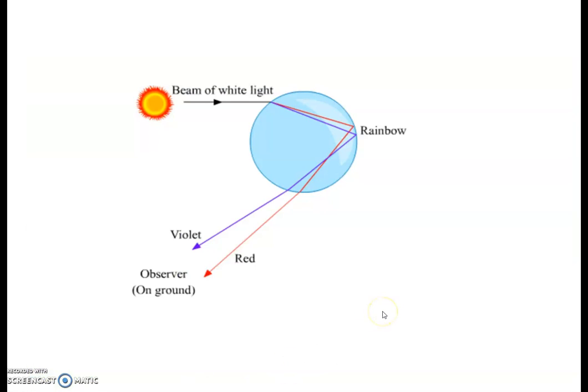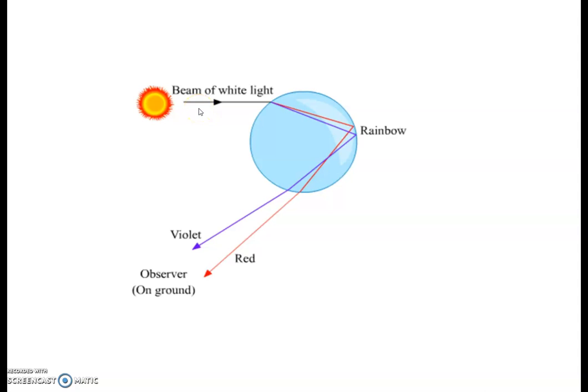Now let us learn this phenomenon with the help of a diagram. In this diagram you can see that a beam of white light is incident on a water droplet.